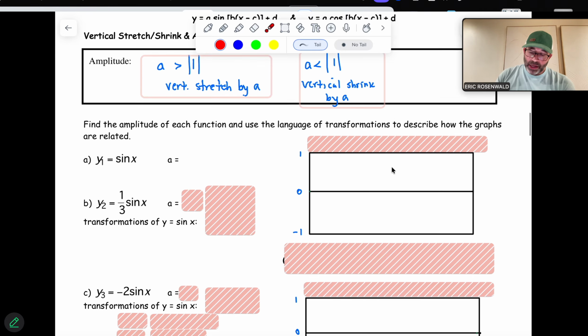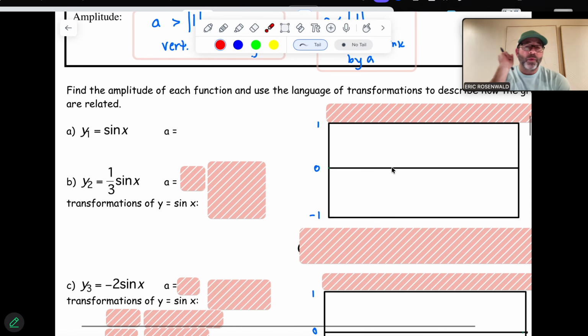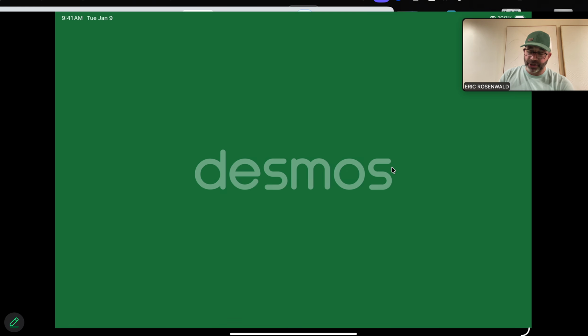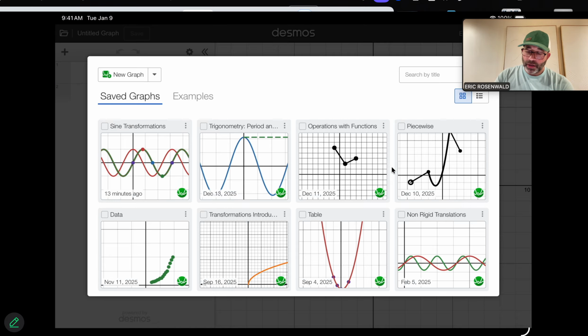Okay. So if we look at this one, we have y is equal to 1/3 sine of x. The A value here, there's an A value in front of this, which means that it's 1/3 in front of it. Watch this in action, how this actually changes my shape. Give me a second to open this. Okay.